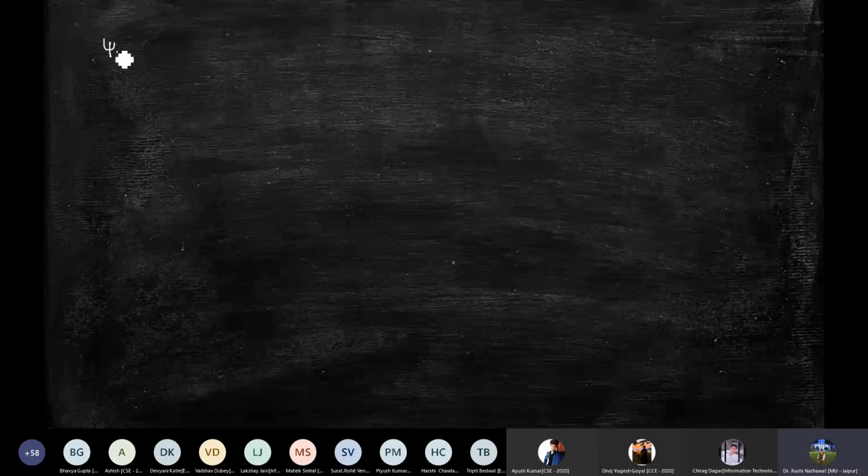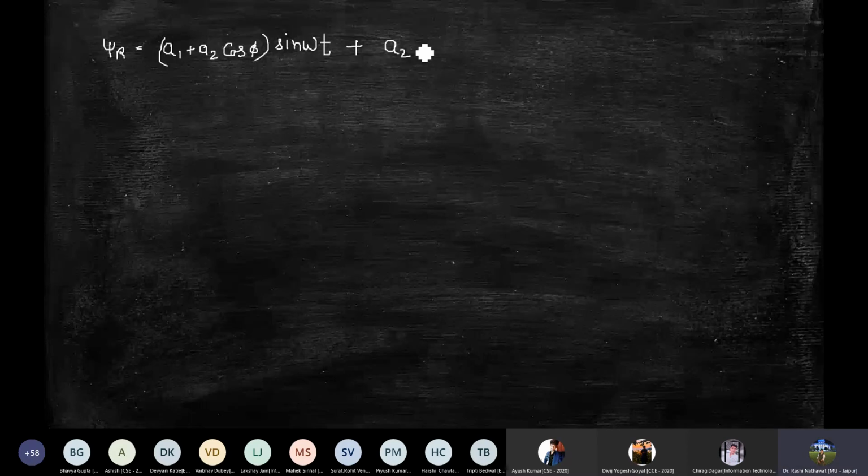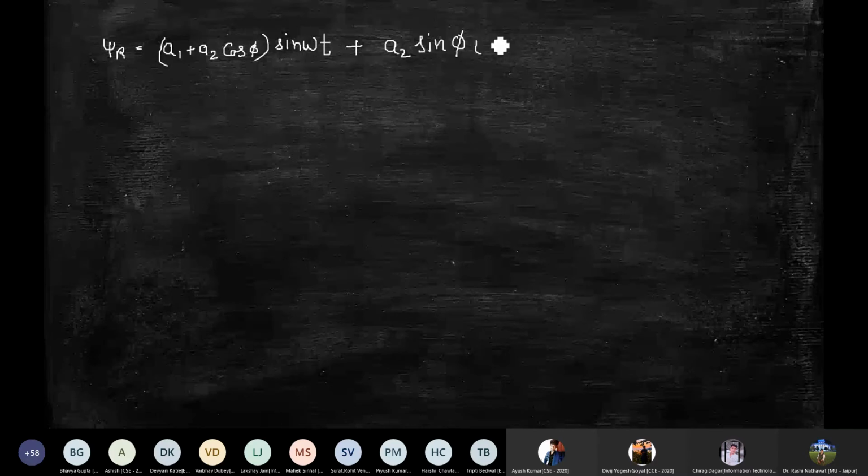Okay. So the next is psi r. In this psi r, I'm going to take the common sine omega t. So (A1 plus A2 cos phi) sine omega t, I will take it common, plus A2 sine phi cos omega t.